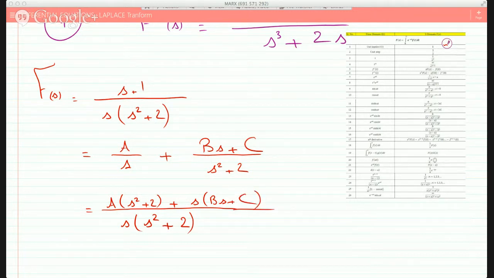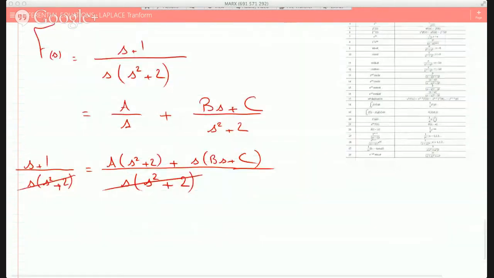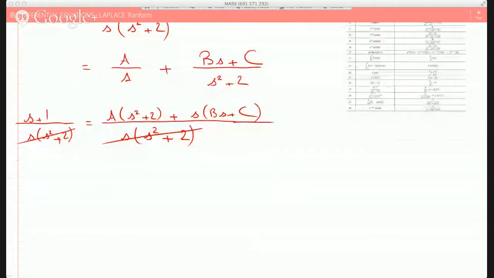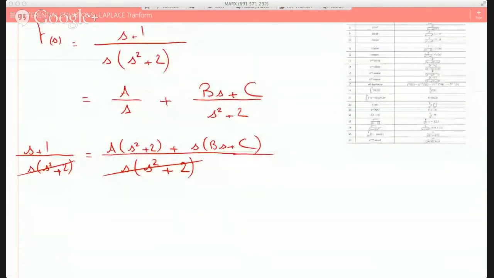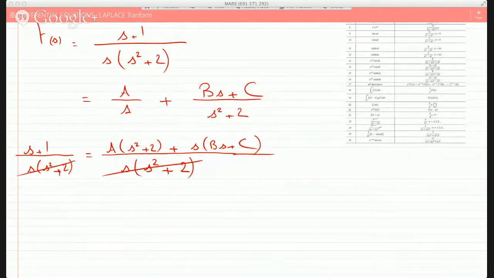And now, of course, you set that equal to the original, s plus 1 over s times s squared plus 2. And now the denominators cancel out because they're the same. And now the objective is to go after the a and the b and the c, to find them. And the way we're going to do this is we'll FOIL this here.